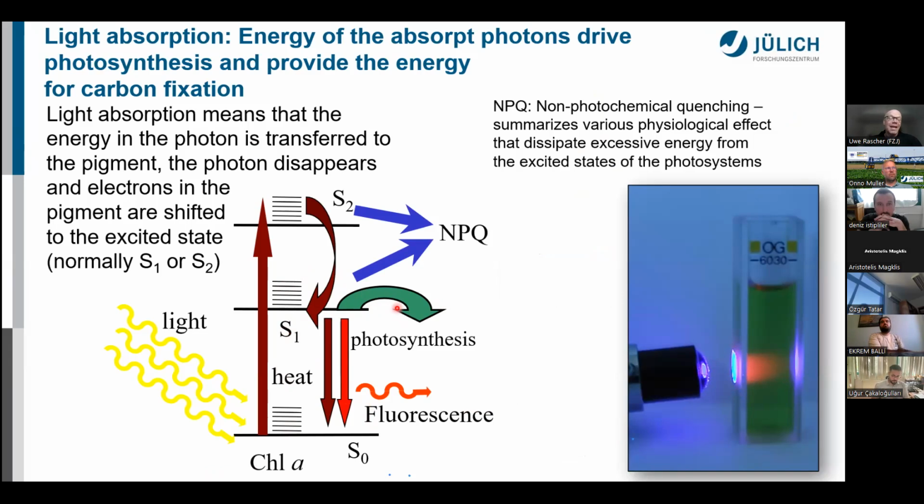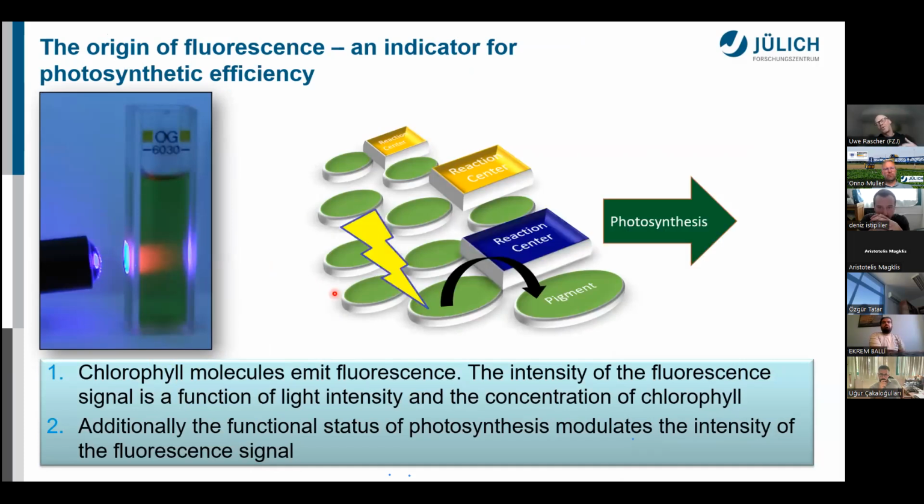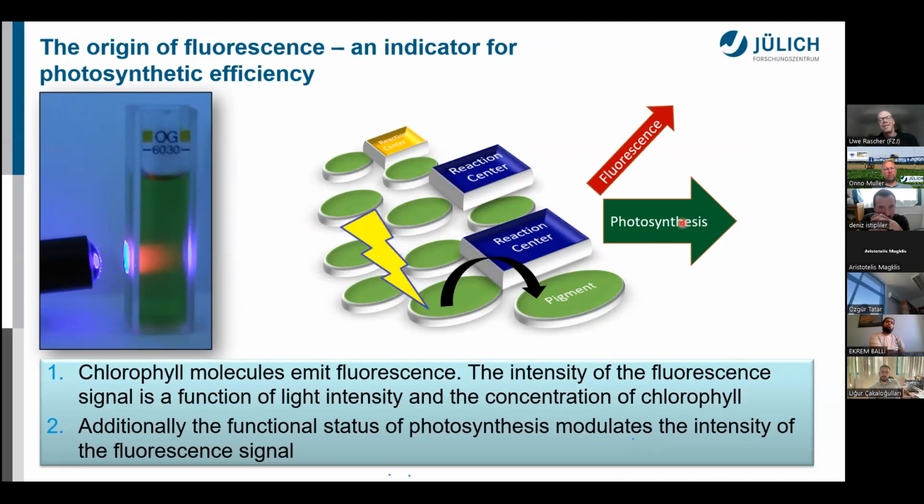Fluorescence happens in the case of chlorophyll in the red range. And the nice thing is that this fluorescence signal is a direct indicator for the amount of energy in this excited state. So you can schematically picture it: in photosynthesis, the plants want to absorb photons to harvest the energy, and this energy is normally transported from the reaction center into the light reaction of photosynthesis.